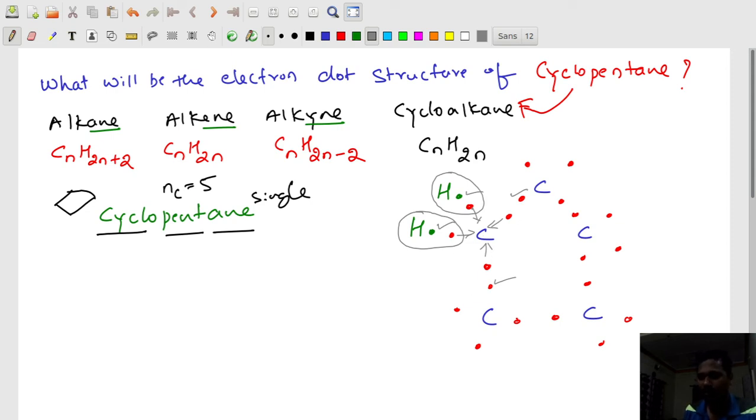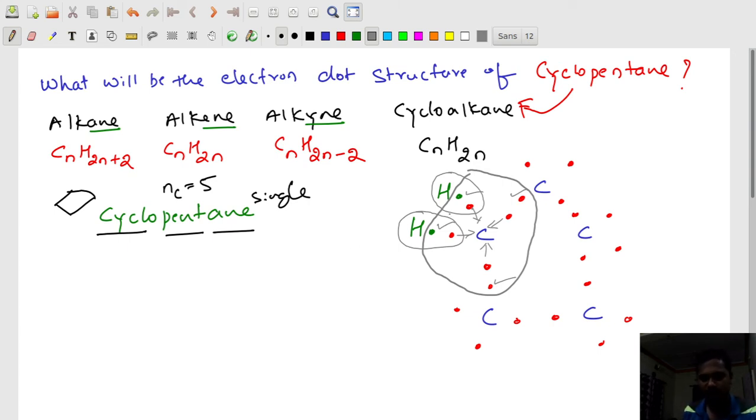Now we draw a circle around this carbon, and that circle should have 8 electrons, which is the outermost orbit of carbon. 4 here and 4 here: 1, 2, 3, 4, 5, 6, 7, 8.